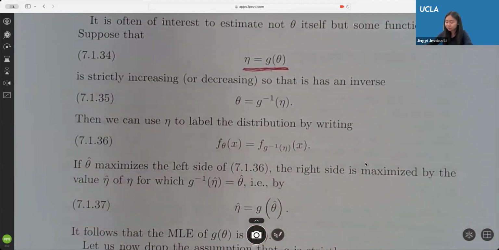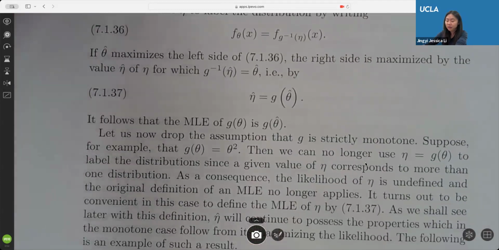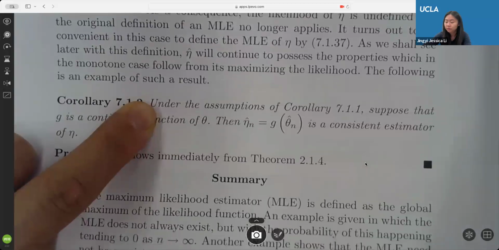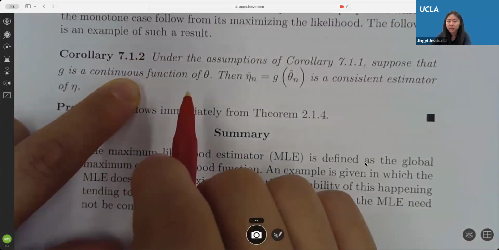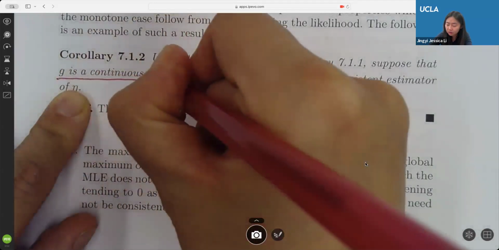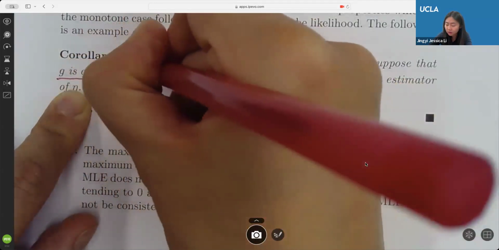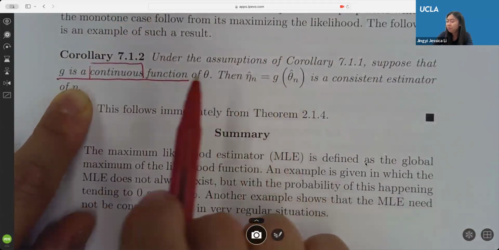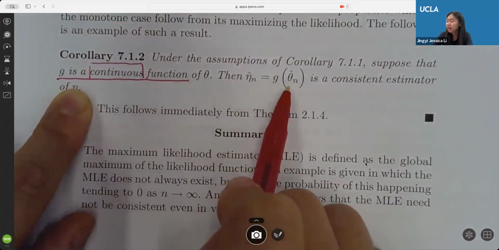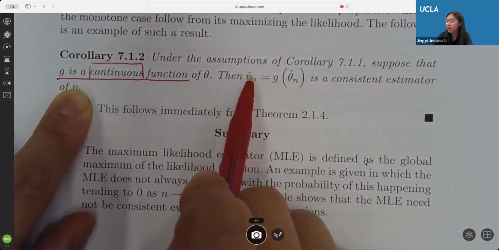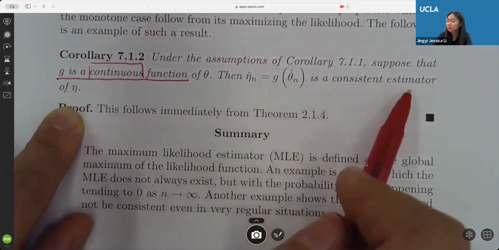But for now, I'll just give you the conclusion without reading the detailed text here. This is a result saying that if g is continuous, this is the key thing, g is a continuous function of theta, then applying g to your theta MLE will give you an estimator of eta, and this is consistent for eta.